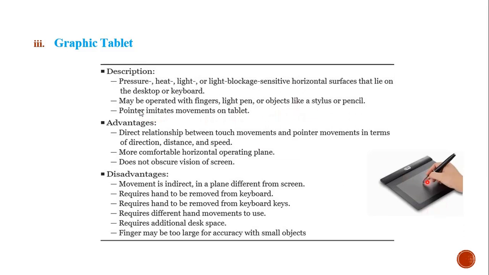So any movement you make with the stylus on the tablet will be imitated, and these movements will be observed on the screen. Advantages: the direct relationship between the touch movements and pointer movements in terms of direction, distance, and speed. There is a direct relationship between the touch movement and pointer.